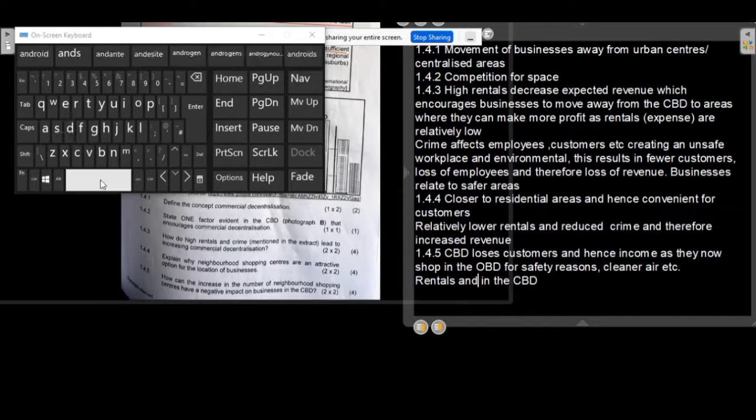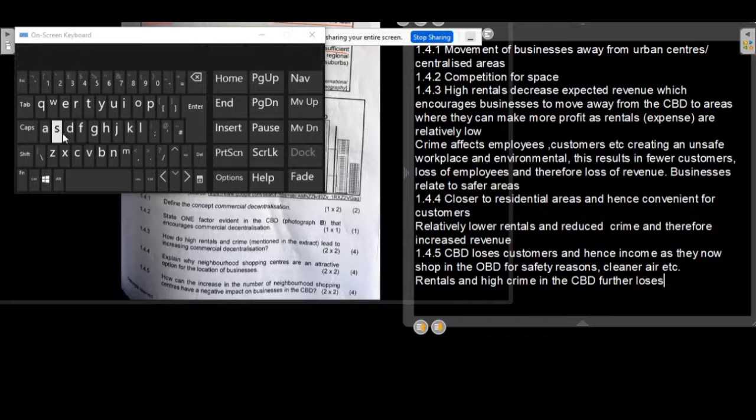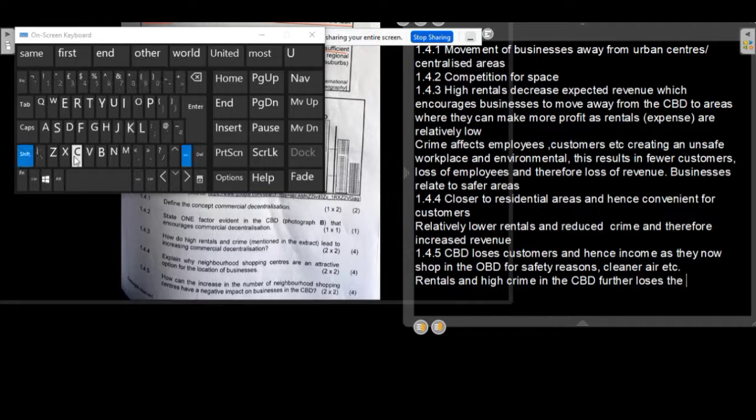So that further exacerbates the problem. So rentals and high crime in the CBD further lose CBD businesses, man.